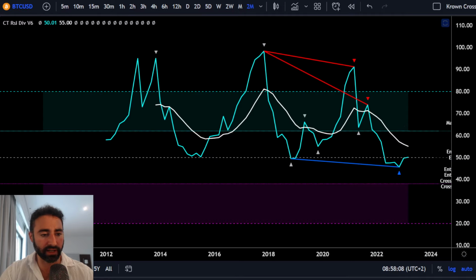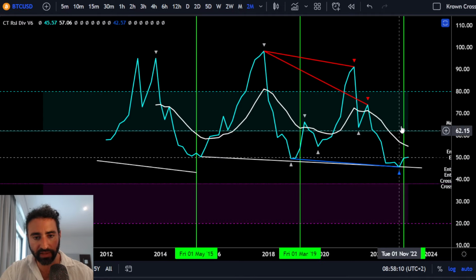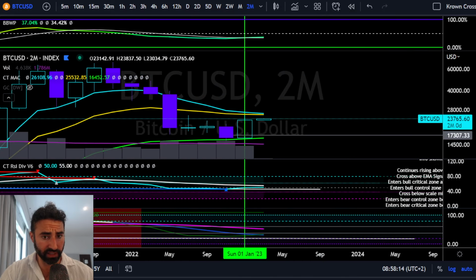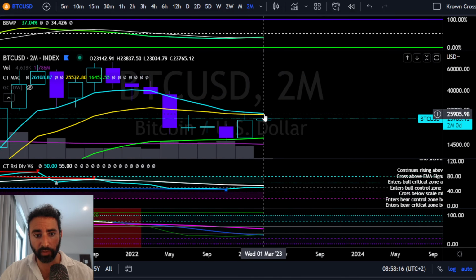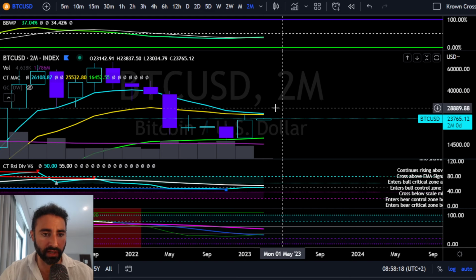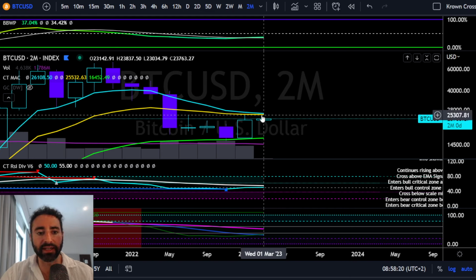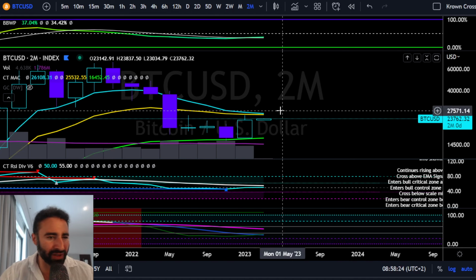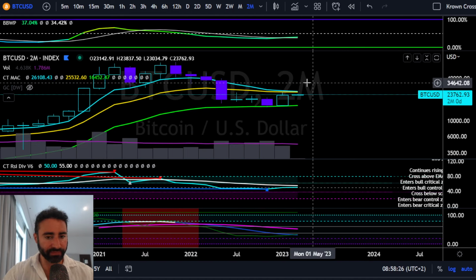I think the blue line kind of gets it, but I do want to draw all of them in right there. And so hidden bullish divergence probably does beget at least a try towards somewhere around the 21 and 9, which are kind of pinching together, the cyan and the yellow moving average right there, which are around $26,000.